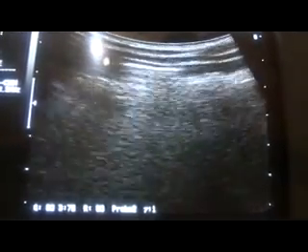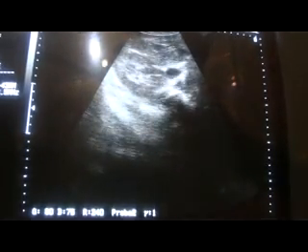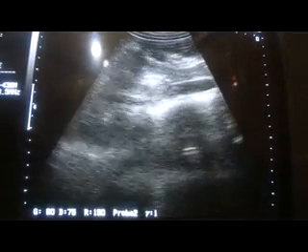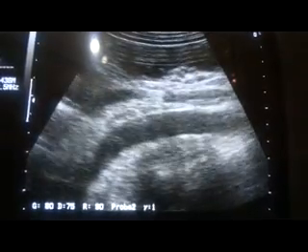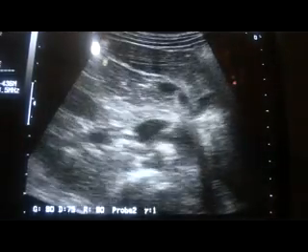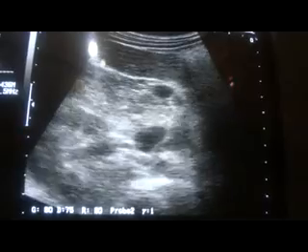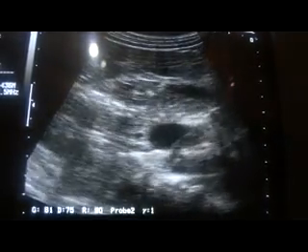And when we talk of retroperitoneal, now let's see where the pancreas is. Can we see the pancreas? Here we are.